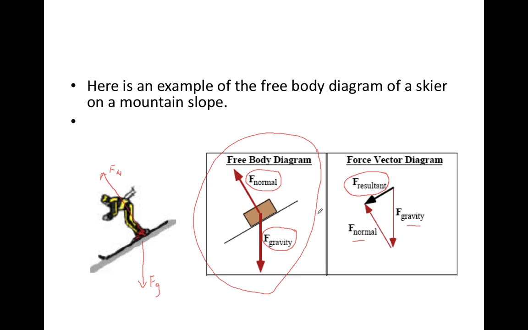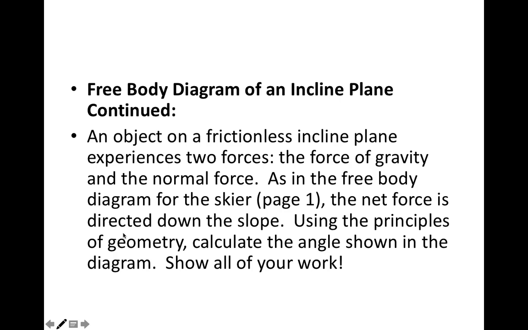And that resultant force, we will learn shortly, is the component of the gravitational force acting parallel to the surface, which causes the skier to travel down the slope. It'll make more sense as I explain.